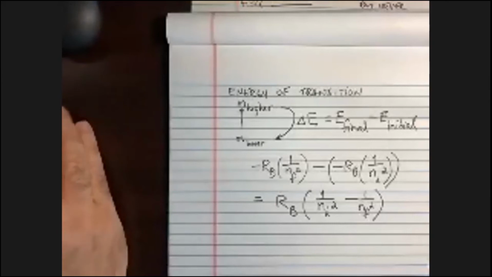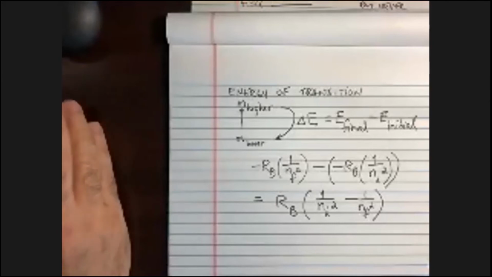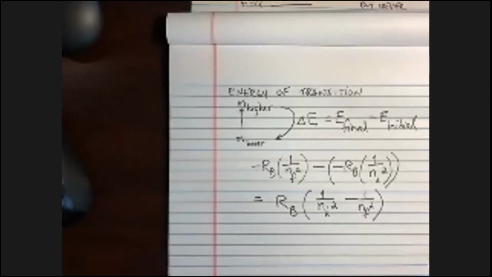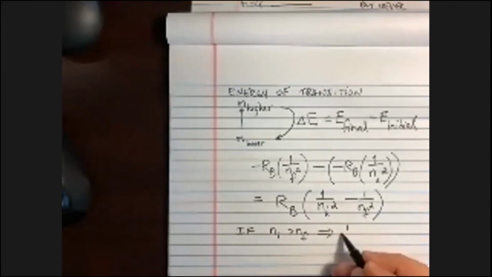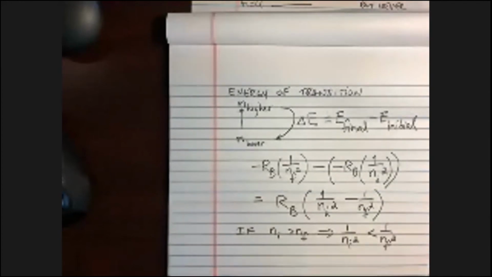All right, sorry about that. I'm going to take us to the PowerPoint in a moment. So because we're saying that the initial state was a higher orbit than this one, that means that 1 over n initial squared is lower than 1 over n final squared.